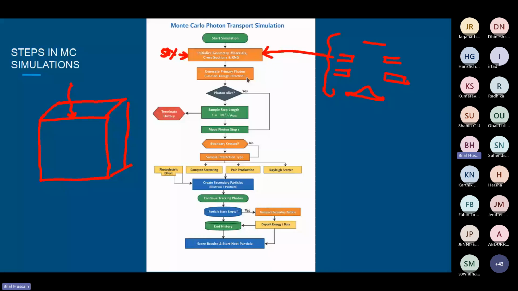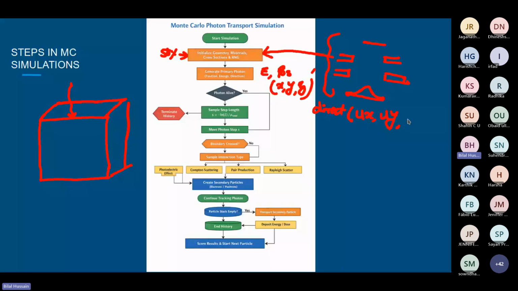When you have a photon, I need to have the energy defined first. What is the energy of the photon? What is my position? The position of the photon is given by x, y, z. Then what is the direction in which it enters? Third is direction, given by the direction cosines called ux, uy, and uz.